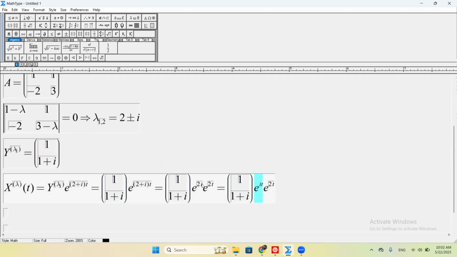It will be cosine of t plus i sine of t.